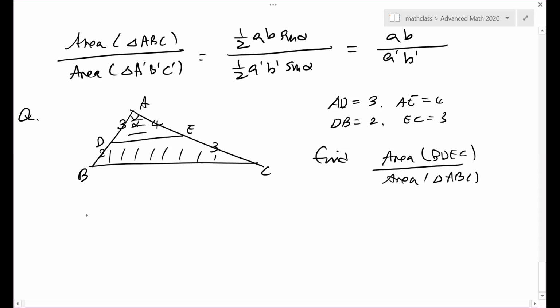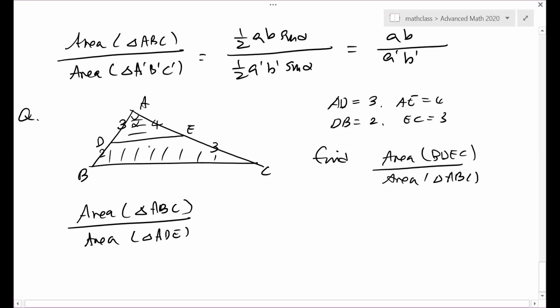So you can write the area of triangle ADE over the area of triangle ABC.